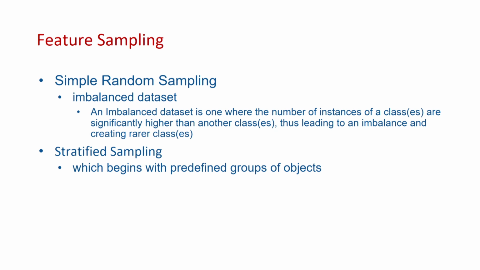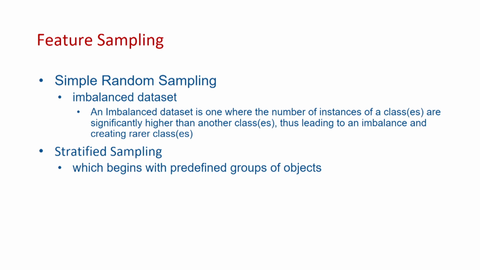In the same way, in a multi-class classification problem, there may be one class for which the number of instances is large, and for another class the number of instances is less. So, in that case this data set is imbalanced.